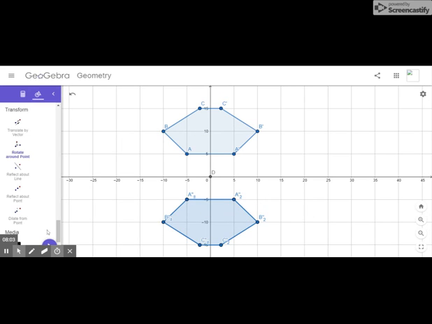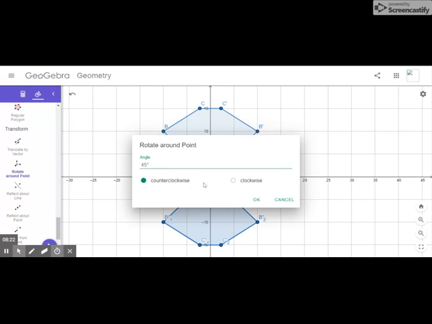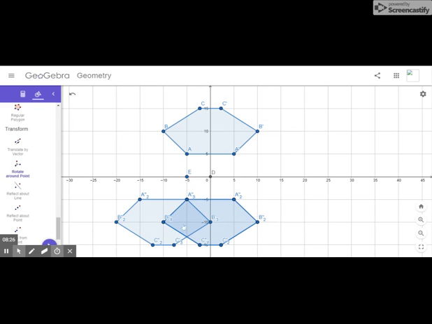But it's very important that we're rotating about the origin and not rotating about a point that's not along that line of symmetry. So if I'm trying to rotate about point E and I go to rotate this quadrilateral about point E 180 degrees, you'll notice that those images no longer correspond.